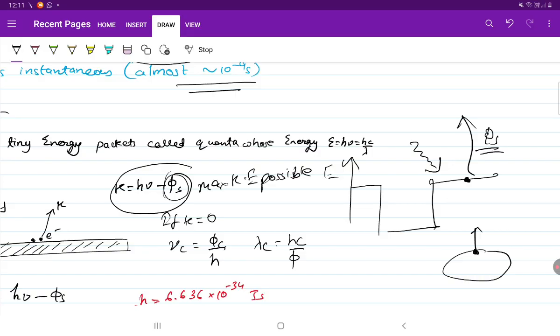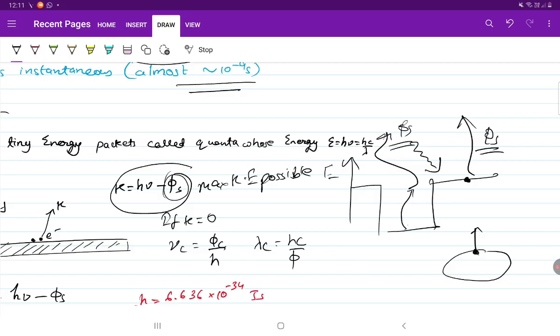Now there will be electrons which are bound a little closer to the atoms of the metal. So in that case, it has to first cross this barrier, then again a phi s extra value has to be added. So this is the maximum kinetic energy possible for the electron, as we discussed in case of photoelectric effect.